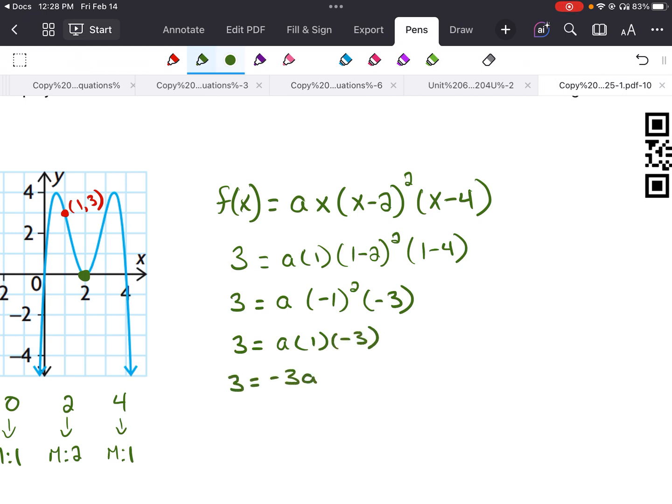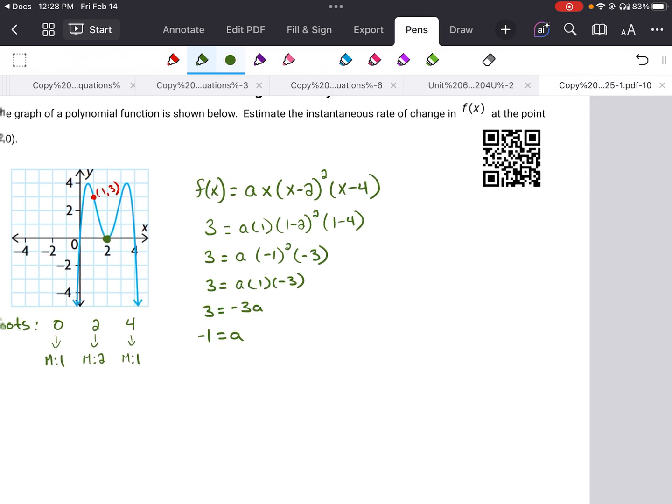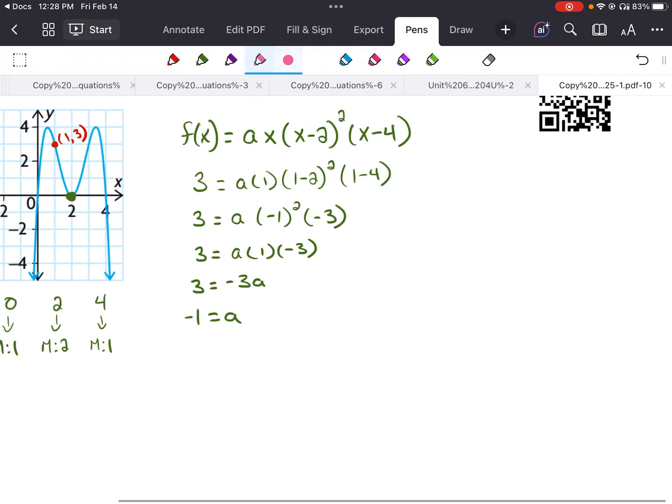Okay, so we get 3 equals negative 3a, which means that a is negative 1. So the equation of this function is f(x) = −x(x − 2)²(x − 4).